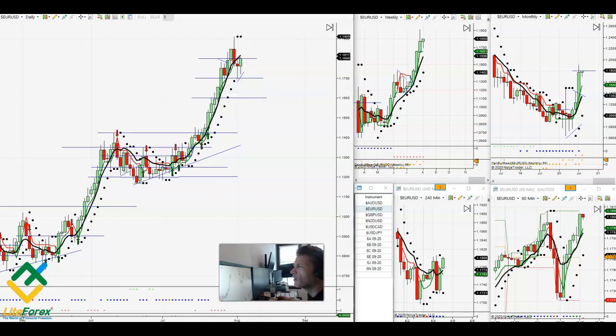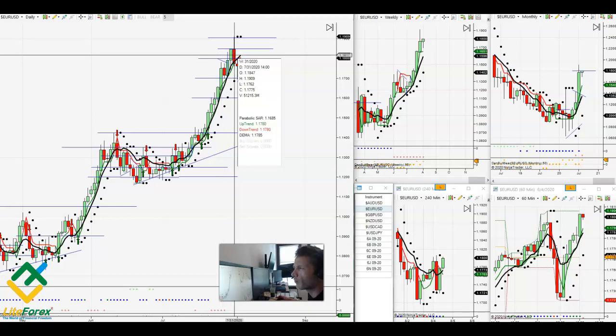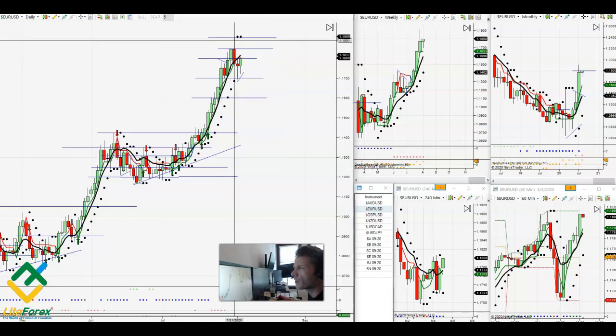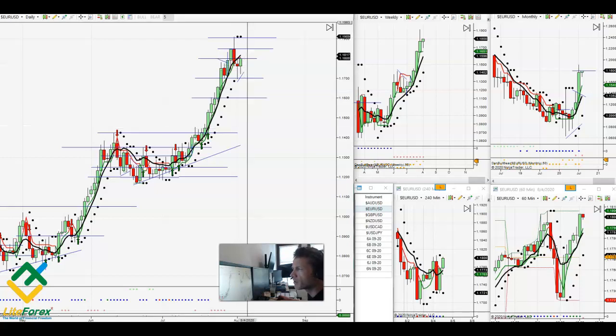Resistance is at 1.185, and the quest is to take out 1.19 where it pulled back on the 31st. You can really see that resistance two days at the 1.185 price. First we're struggling at 1.18, but it does look bullish. It does look like it wants to keep going higher.